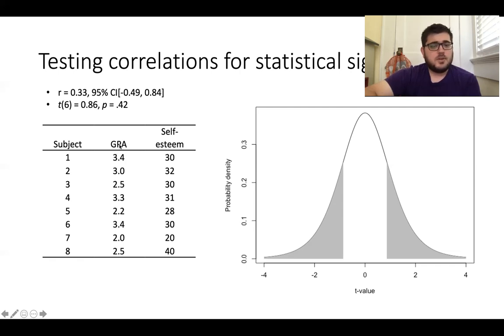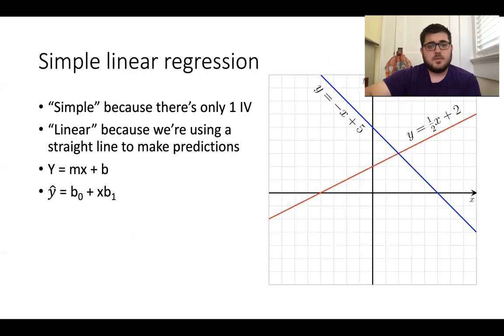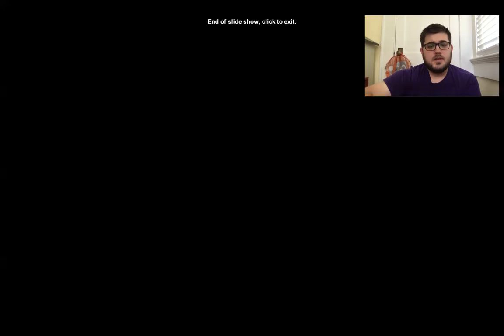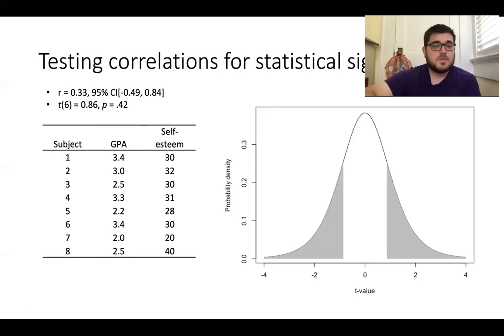If you were to calculate the correlation between these two scores, let's see if I can find where it is. Well, it turns out I never put a visualization for that correlation. Whoops. But if you calculate the relationship here between GPA and self-esteem, there is a correlation of 0.33.